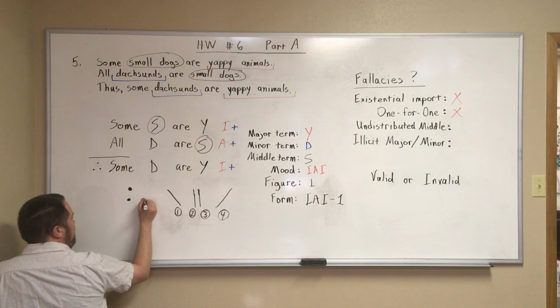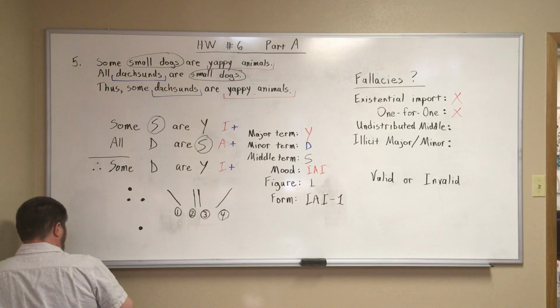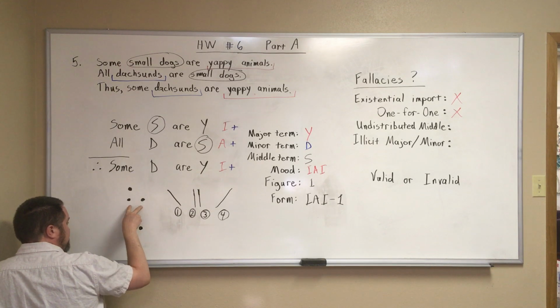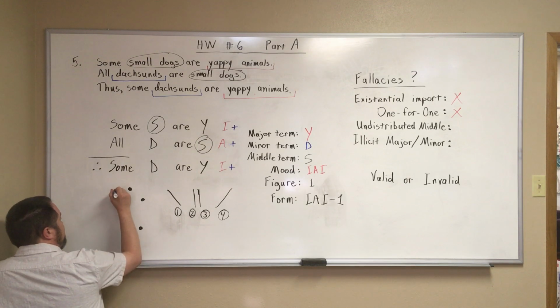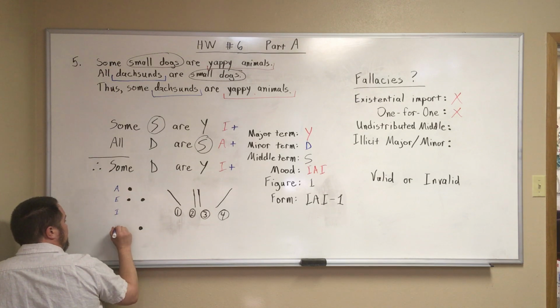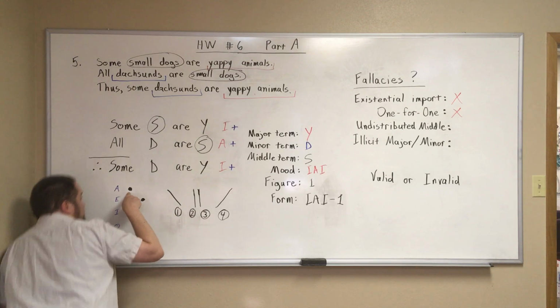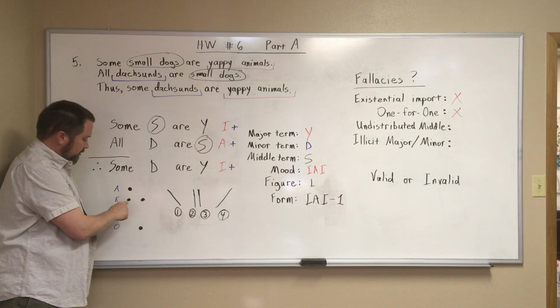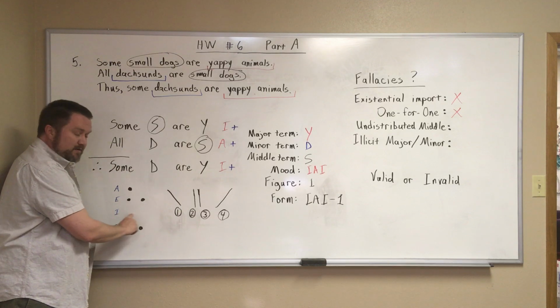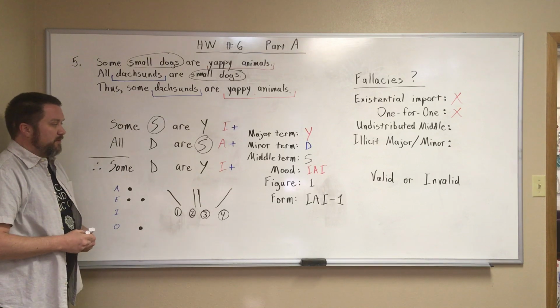You have the two places for each of the statements, and each of the statements would be A, E, I, O. In an A statement, the first term is distributed. In an E statement, both terms are distributed. In an I statement, nothing is distributed. And in an O statement, just the second term is distributed.